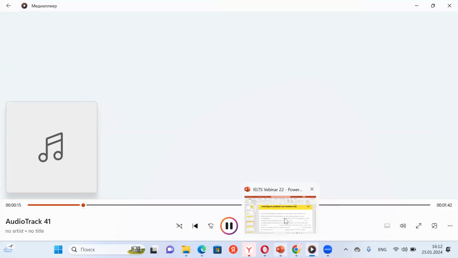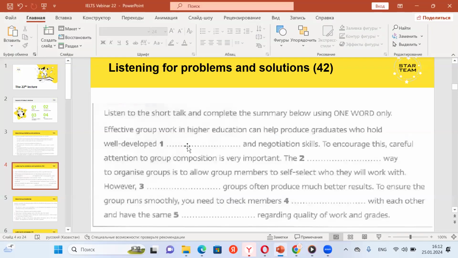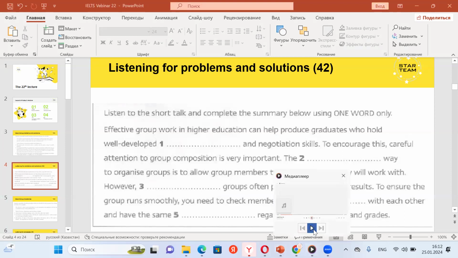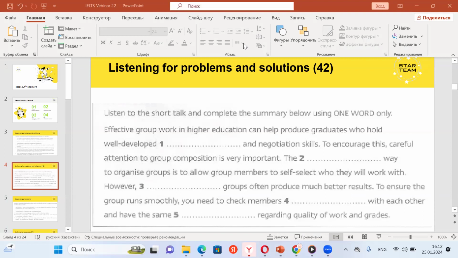Also a need to turn out graduates who have superior interpersonal and negotiation skills. Okay, who caught it? Поймали ответ? Superior and negotiation skills. Interpersonal. You are right, Ekaterina. Yes, the right answer is interpersonal. Okay, so they can help produce graduates who hold superior or well-developed interpersonal and negotiation skills.